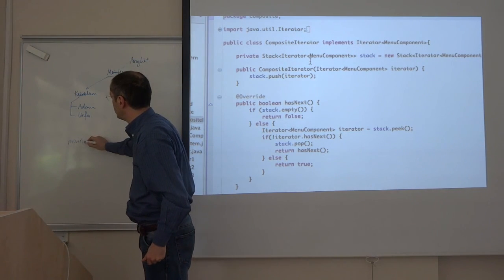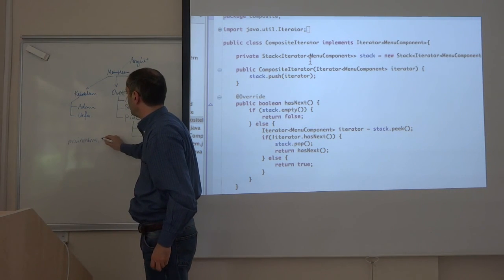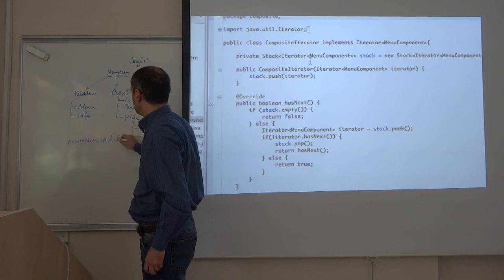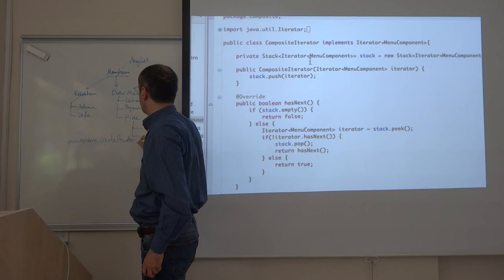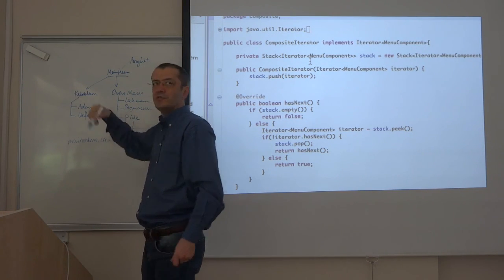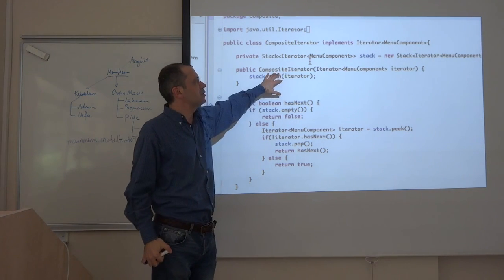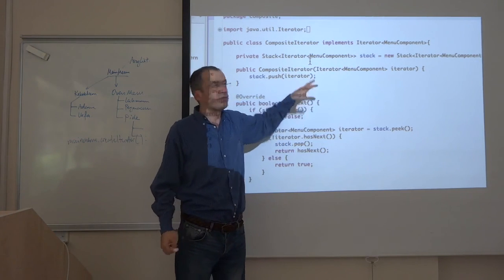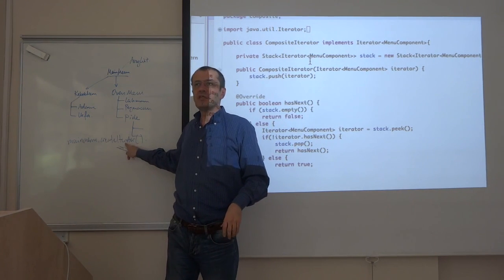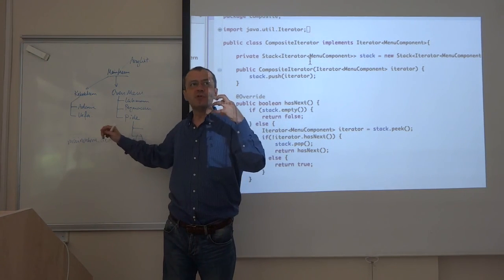When I have this main menu, for example, I changed the name, but main menu, create iterator, I will get my iterator. And the next thing I'm doing is I'm starting this composite iterator with an iterator coming from my main menu.